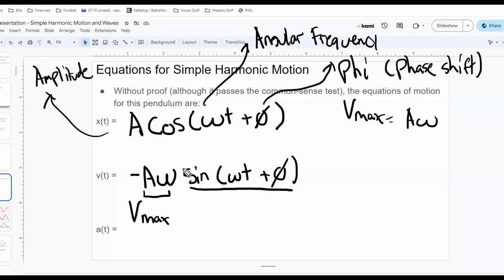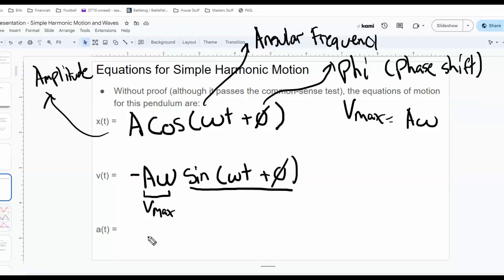Okay, and of course, in case it's not obvious, I do want to point out that both x of t and v of t are not constant. Obviously, they both change as a function of time. Okay, now the last one that I want to show you is the acceleration equation. Let me just write this slightly smaller. This is v max.